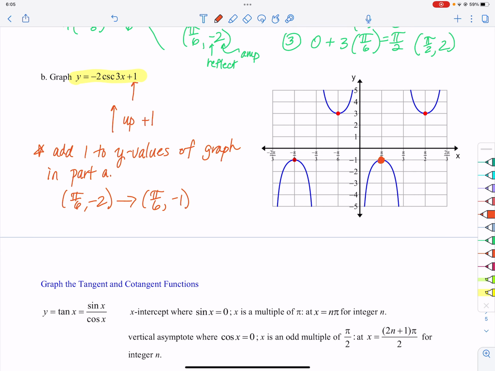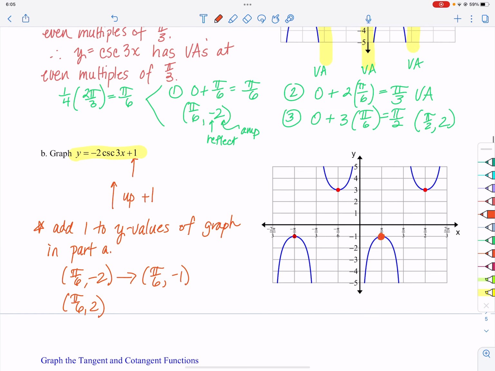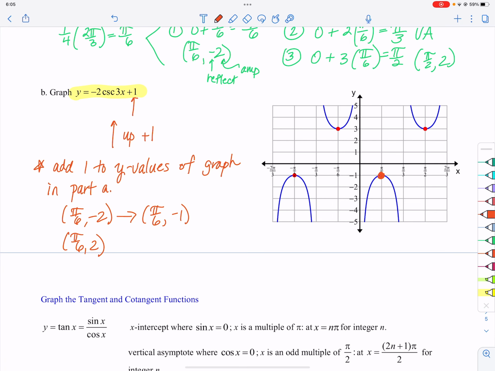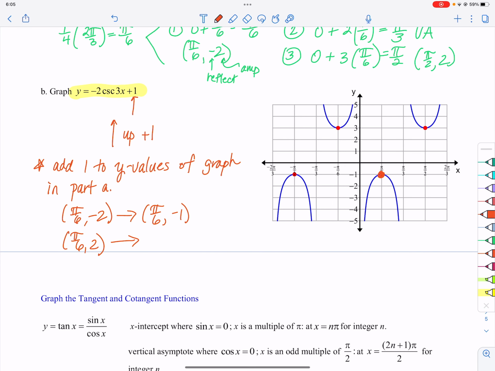And then let's take our next point, pi over 6, 2. We would have now, that's pi over 2, 2, my goodness. We will have pi over 2, 3. And as you can see, we're at pi over 2, and we're right here at 3. Okay, so I'll put that point there, and I'll put that point there.